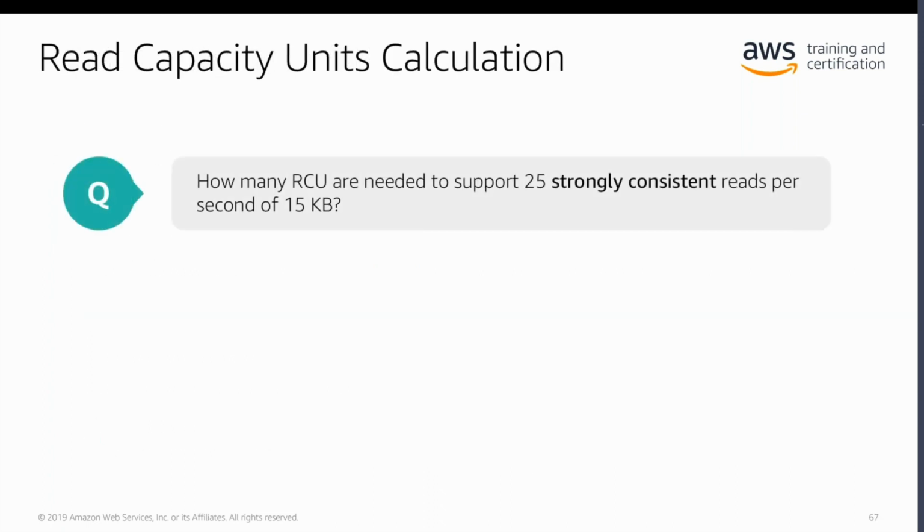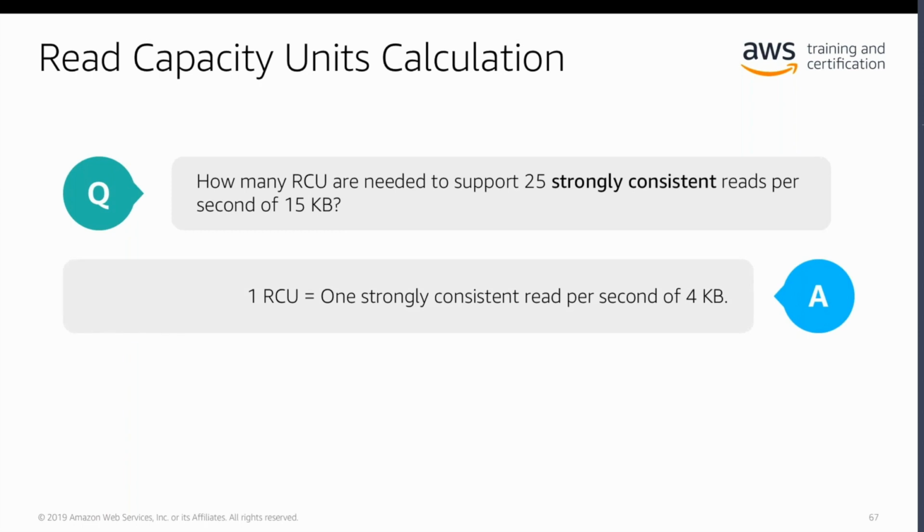So if, for example, you needed to support 25 strongly consistent reads per second that were 15K in size, okay, so the read size that you're doing is 15K, and you're doing 25 of those per second, all right? And you needed to support one strongly consistent write per second of 4K. How many read capacity units, how many write capacity units would you need for that particular table in order to do that?